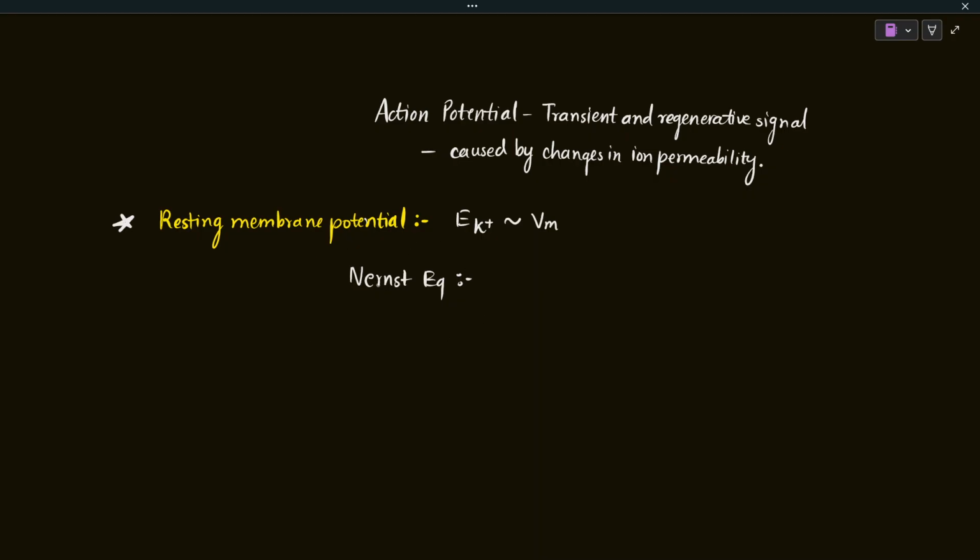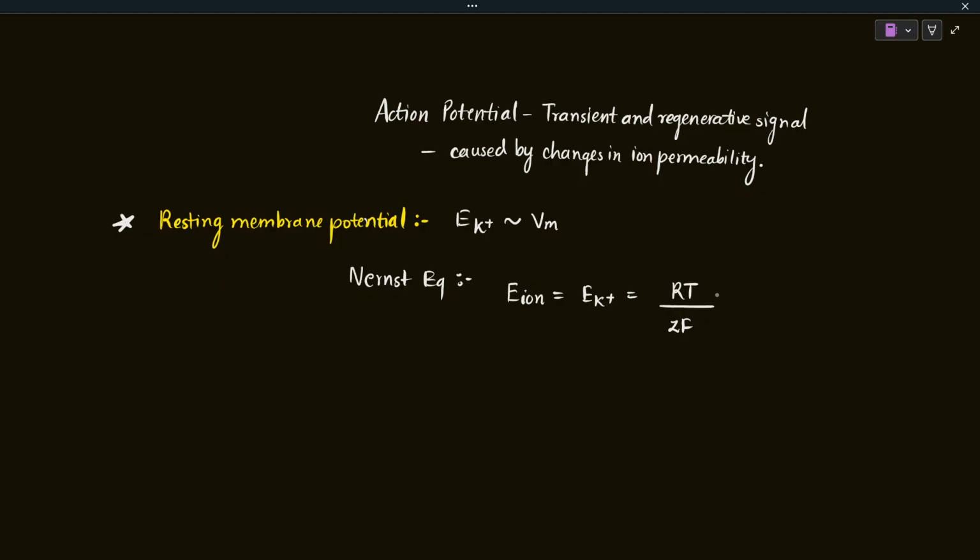So the Nernst equation tells us about the equilibrium potential of a certain ion. Here we are measuring the equilibrium potential of potassium ions because at rest that is equal to the membrane potential. The equilibrium potential of potassium depends on the temperature and the gas constant, and F is a constant as well.